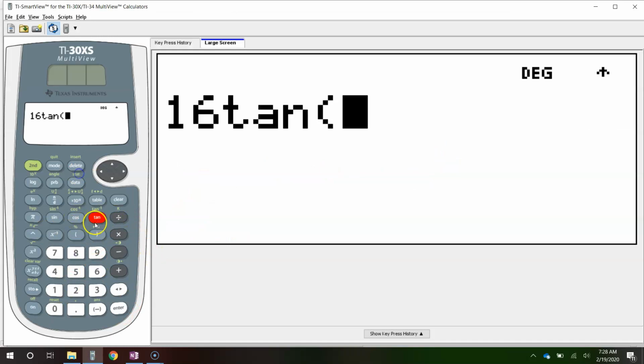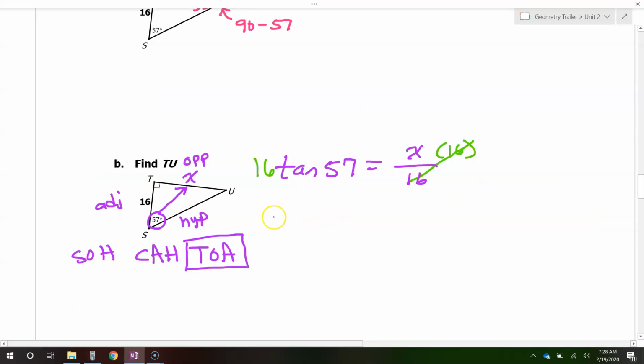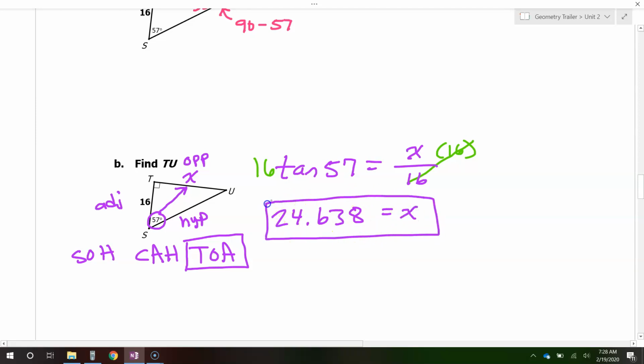So 16 tangent 57, 24.638. Got to round up. So 24.638. Okay, so that is TU.